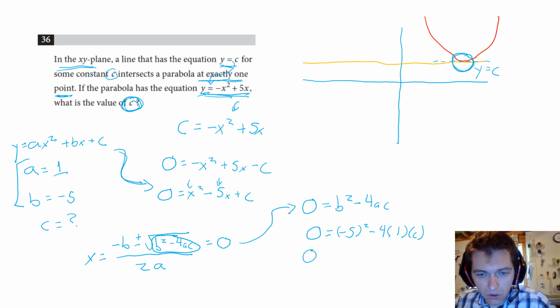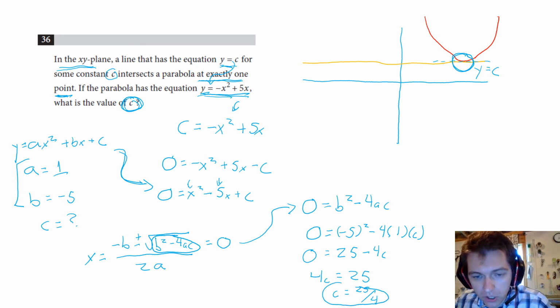You'll be left with 0 is equal to 25 minus 4c. Add 4c to both sides to isolate the c. You'll be left with 4c is equal to 25. And finally, divide both sides by 4. You'll be left with c is equal to 25 divided by 4, which is the correct solution to this problem.